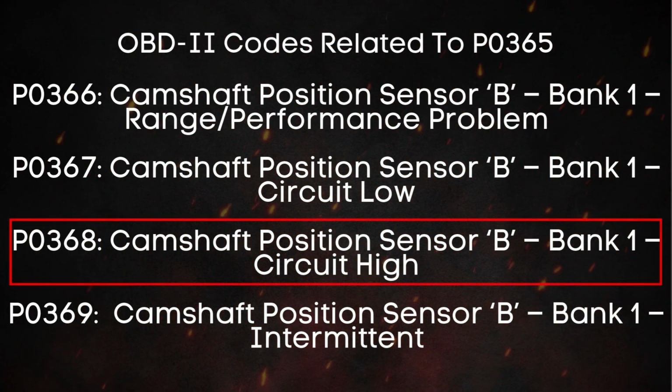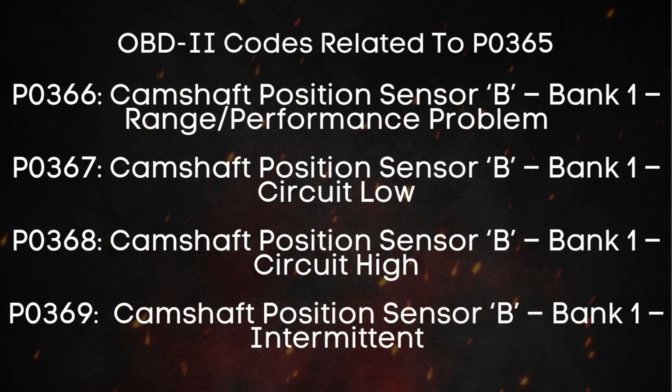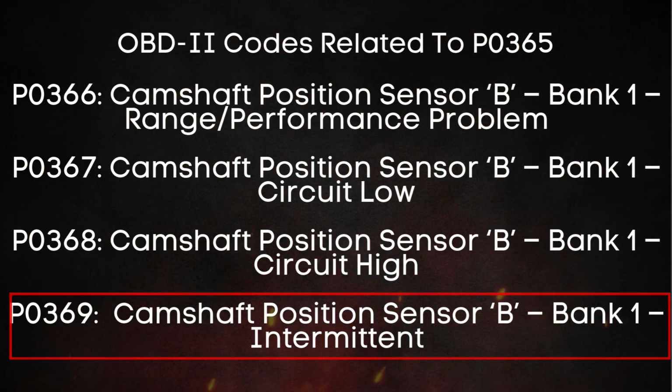It means the sensor is sending too much voltage, often due to a short circuit or a sensor that's completely failed. And finally, there's P0369, which stands for Exhaust Camshaft Position Sensor for Bank 1 is intermittent. It means the signal is cutting in and out.